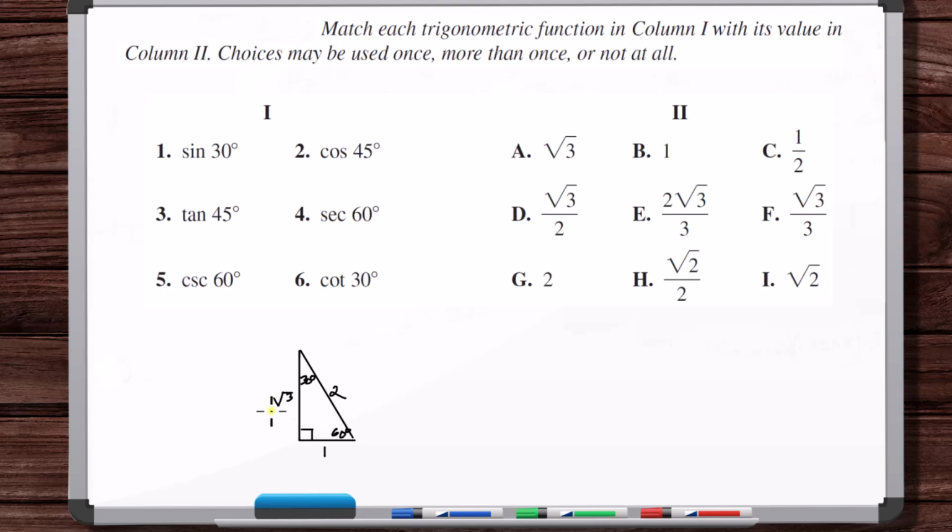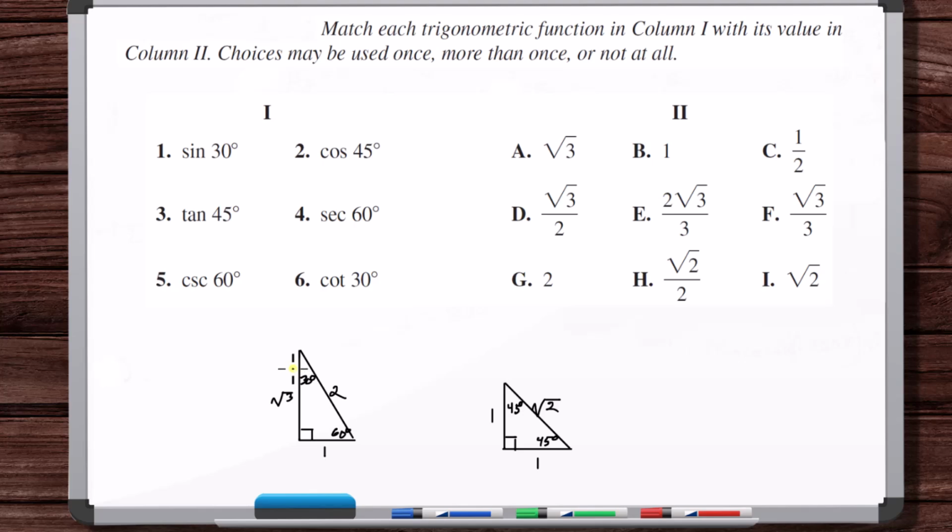These are like the base side lengths used as a reference for a 30, 60, 90 triangle. And for a 45, 45, 90 right triangle, the side lengths are proportional to these side lengths. Again, these are reference side lengths.